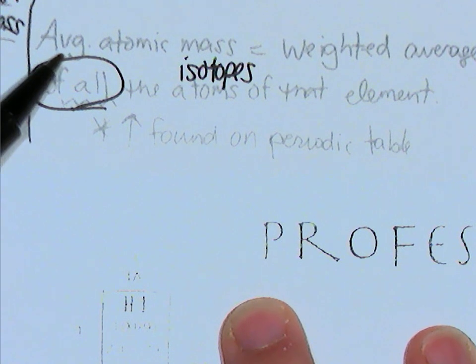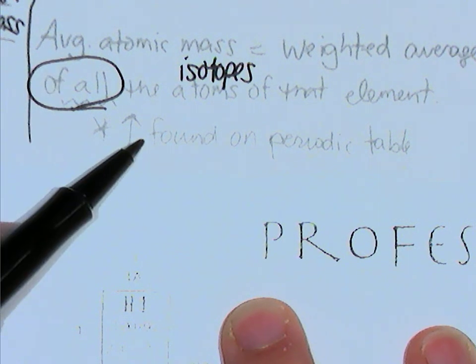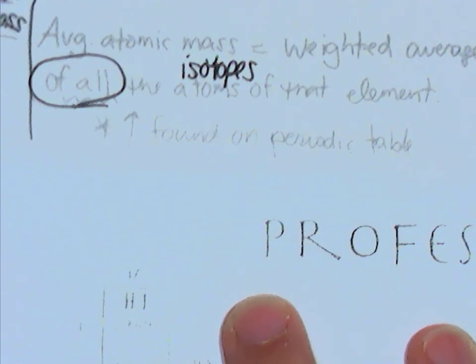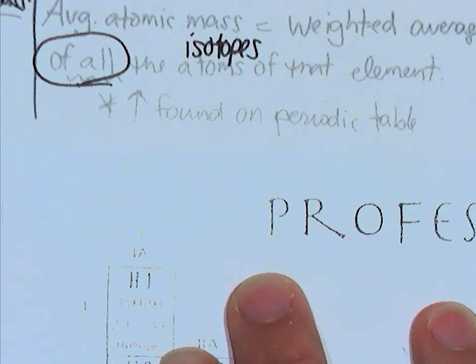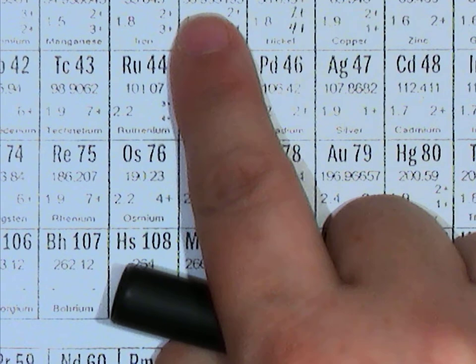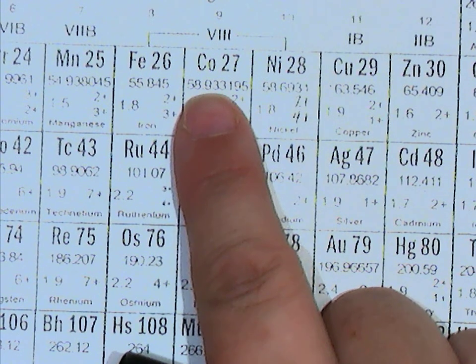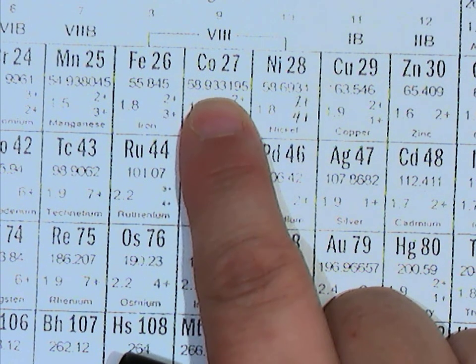So average atomic mass is on the periodic table, mass number is not. Okay, so let's talk about how this all works. How do we come up with this number for cobalt? How do we know that the weighted average is 58.933195 grams?